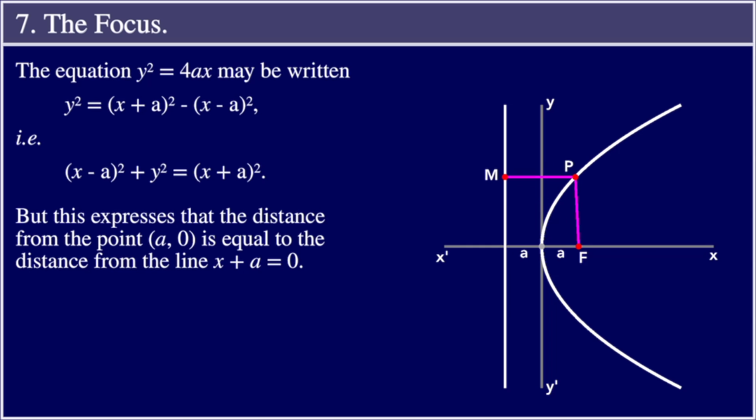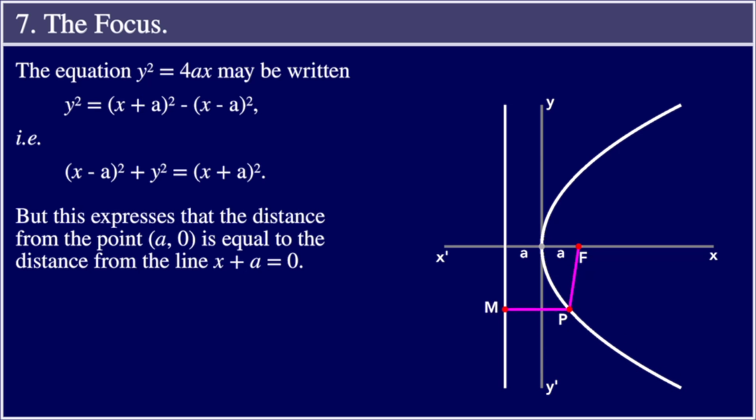The equation y² = 4ax may be written y² = (x + a)² − (x − a)², i.e., (x − a)² + y² = (x + a)².